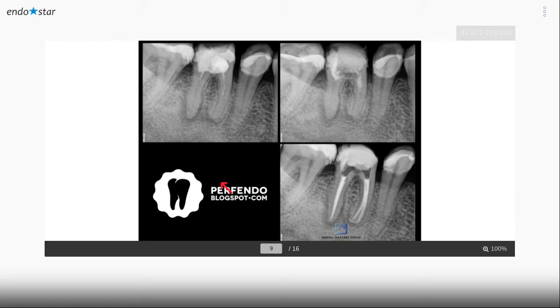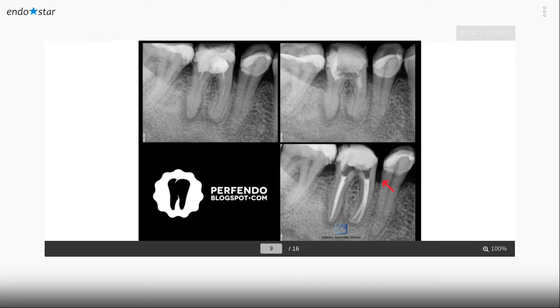In this case, you can see a similar situation: lower molar, mesial root, and a broken instrument in one of the mesial canals, removed just by ultrasonic forces with the ultrasonic tips. Here are the direct post-op and the post-op after the root canal treatment.